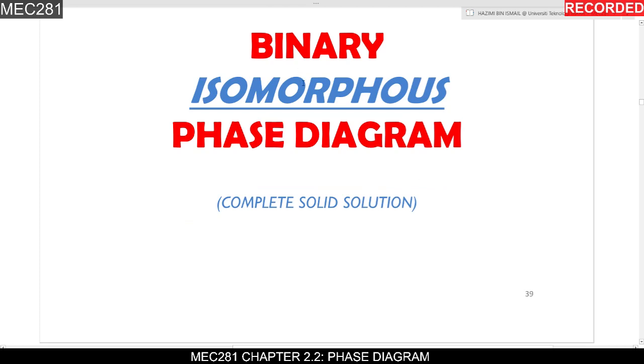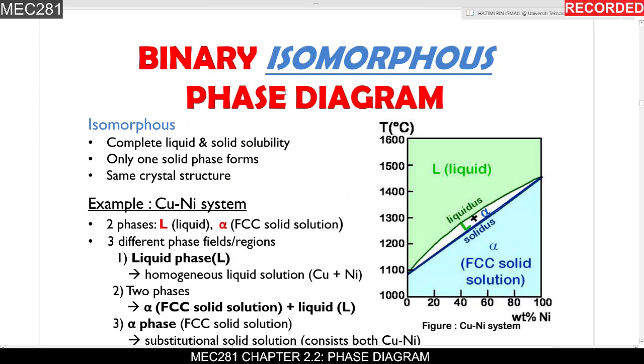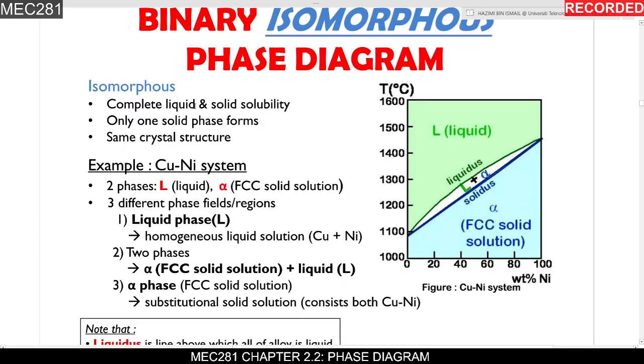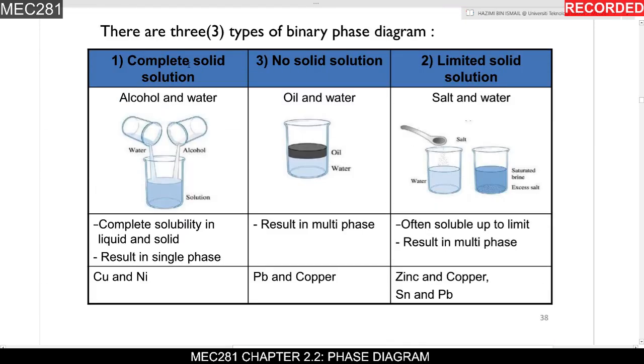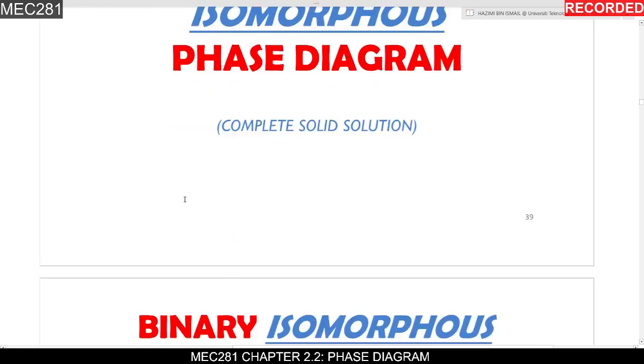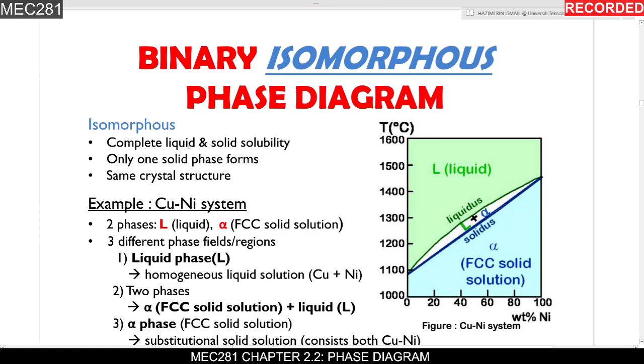Okay, so the name of the complete solid solution for the phase diagram is isomorphous: binary isomorphous phase diagram. So isomorphous, let's go back to the complete solid solutions. It means complete liquid and solid solubility.